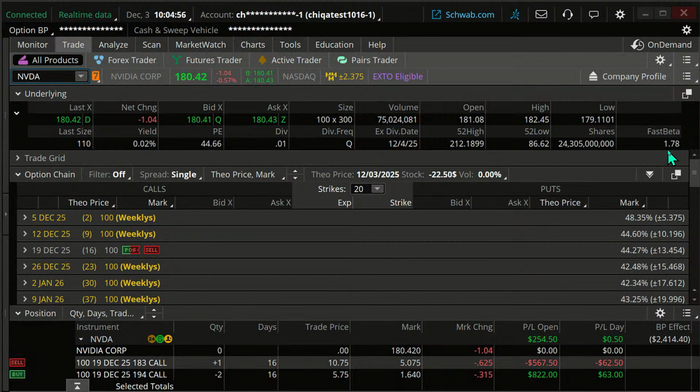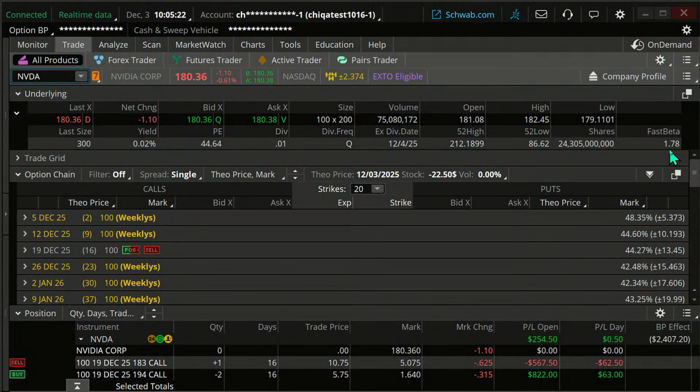So a $10 move in the S&P 500 would, on average, it's just an estimate, it's backward looking, but it would move about $18 instead of a $10 move, okay? So about 80% more is the way to think about that.